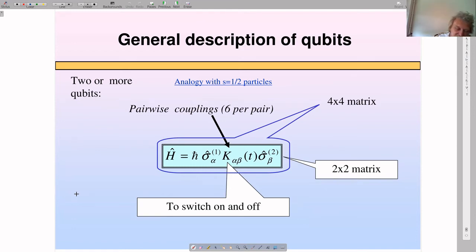So there are Pauli matrices, spin components corresponding to two different qubits, and the corresponding pairwise couplings. There are 6 possible couplings which can couple different components of these spins. Right, a general Hamiltonian.